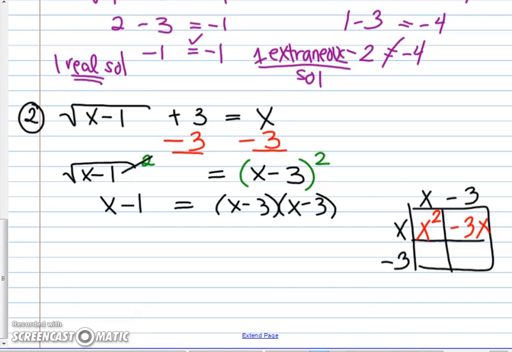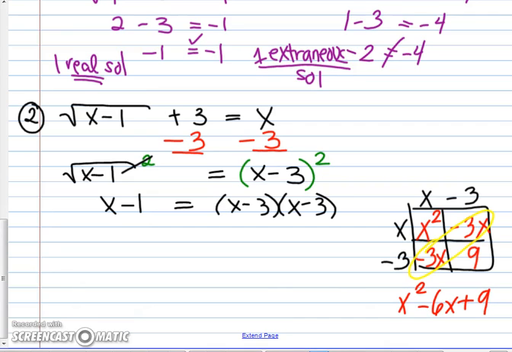Negative 3 times x gives you negative 3x. And x times a negative 3 gives you a negative 3x. Negative 3 times negative 3 is a positive 9. So you're going to combine the like terms and rewrite this: x squared minus 6x plus 9.